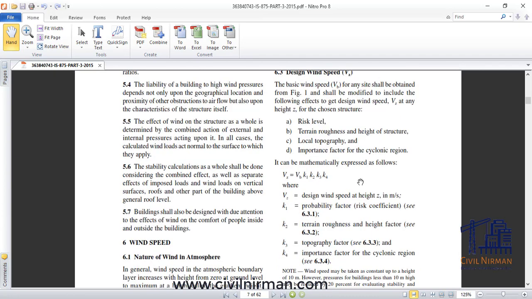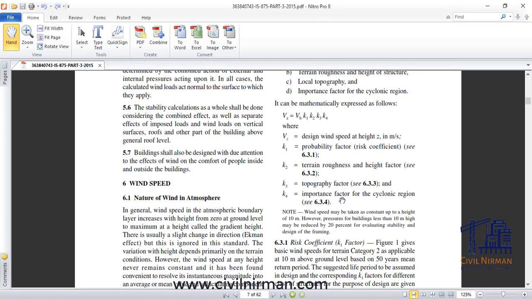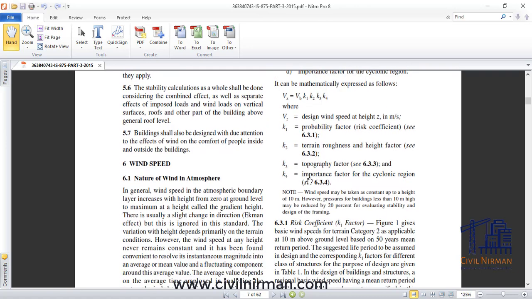Now see, for the calculation of the Vz, we have this equation: Vb, K1, K2, K3 and K4. All of you are aware of this K1, K2, K3 part. Now K4 is the importance factor.